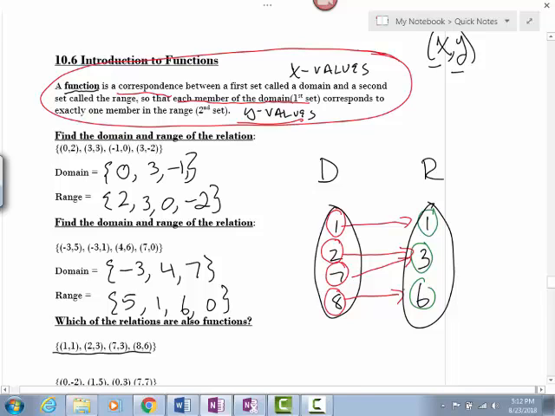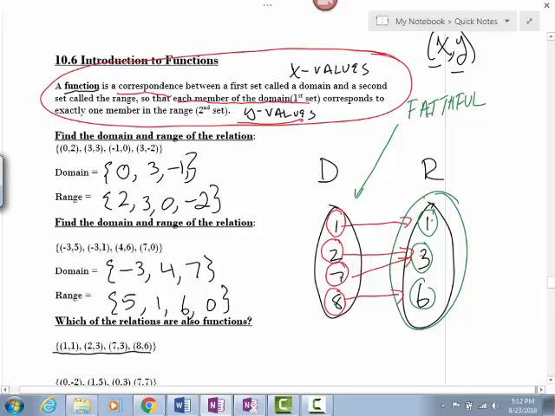So when we think about like the domain and the range and sort of drawing it this way, what we say is that the people in the domain have to be faithful. They can't be cheating. And if you notice, nobody here cheats. 1 only goes to 1, 2 only goes to 3, 7 only goes to 3, 8 goes to 6.